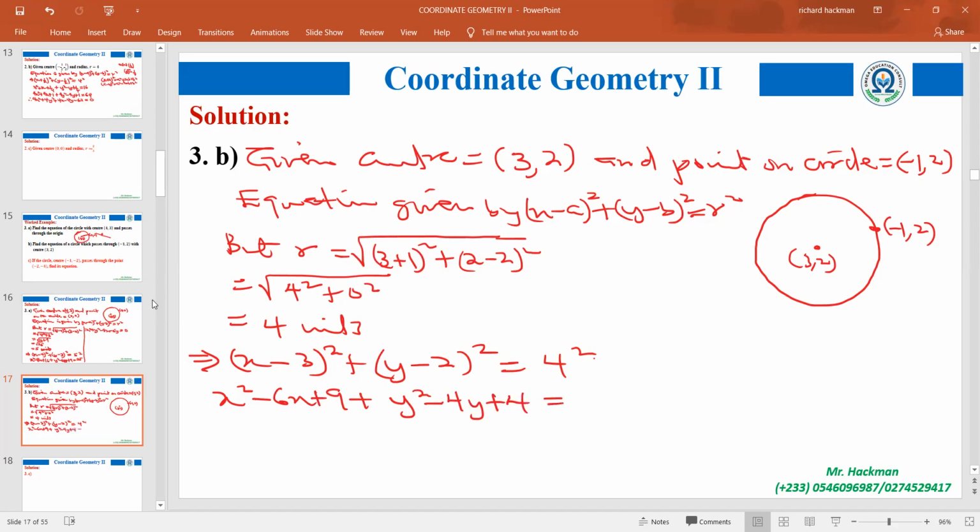Okay, it is equal to this one squared, which is what? 16. So now no fraction, thank God, you just have to rearrange and move everything to one side. So x squared plus y squared, minus 6x, minus 4y. Then 9 plus 4 will give you 13. 13 minus 16 will give us minus 3, and that is equal to 0. So you draw your conclusion here.